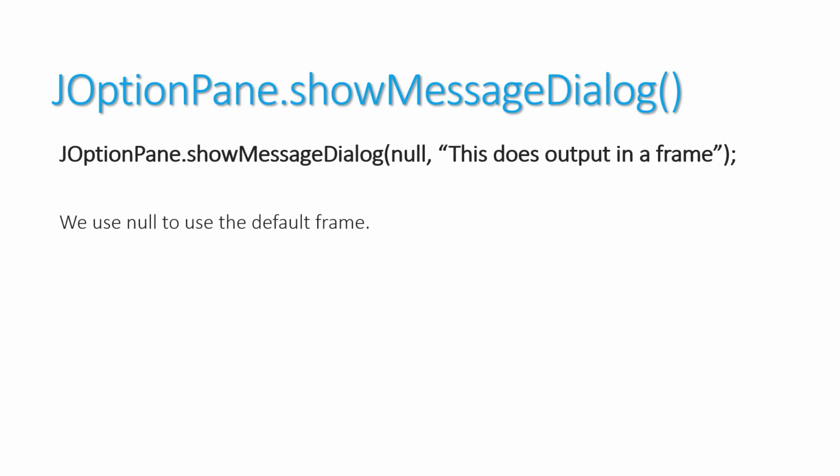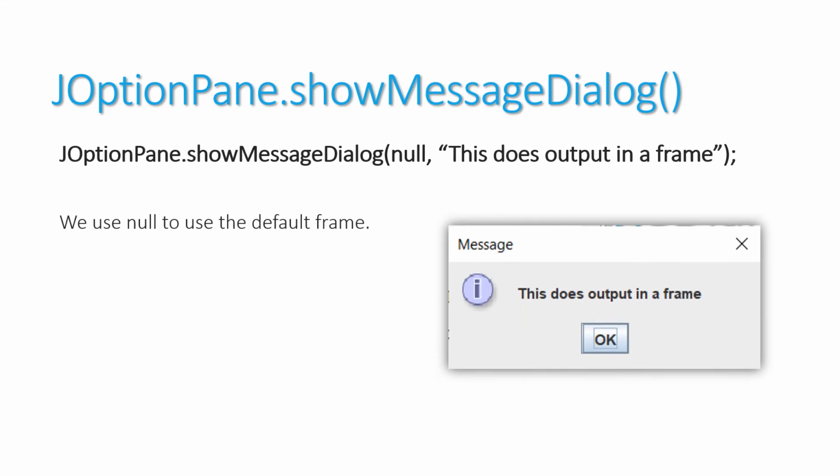JOptionPane.showMessageDialog is another way to do output. So instead of saying System.out.println, you would put there JOptionPane.showMessageDialog. This is a little bit more complicated to use just because you've got to always remember to put the null comma as your first parameter. But after that, you can just put any long string that you can put pluses and numbers and all sorts of things into, and that will give you a neat output message that looks like this.